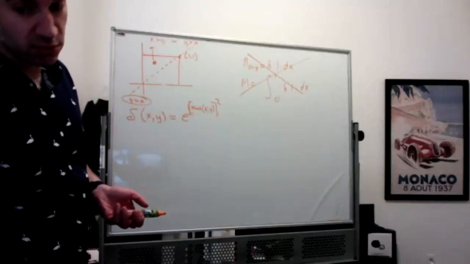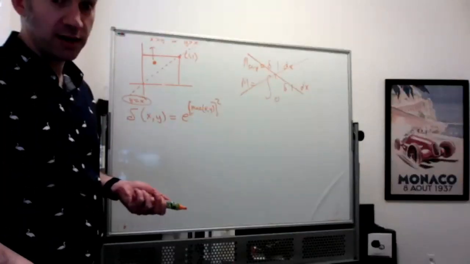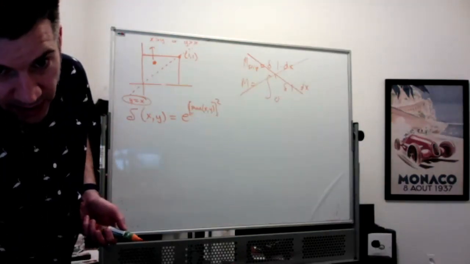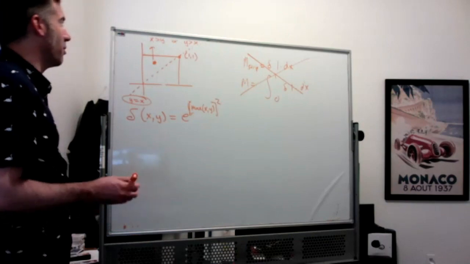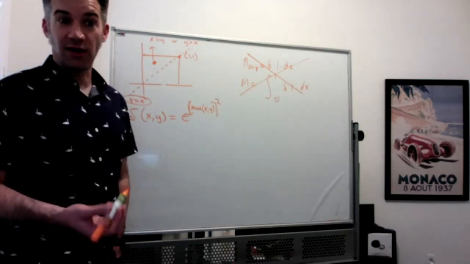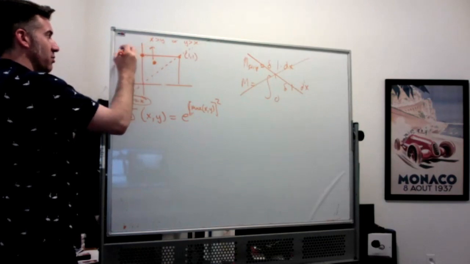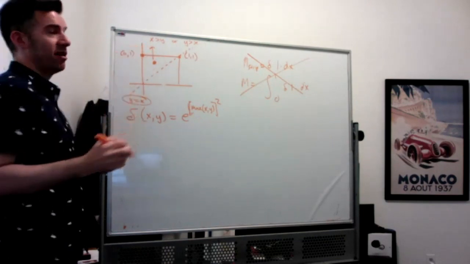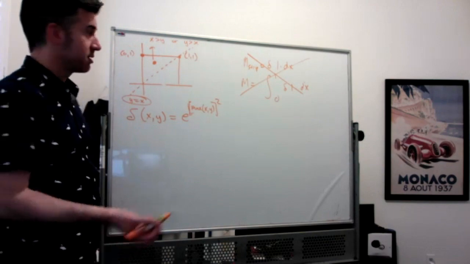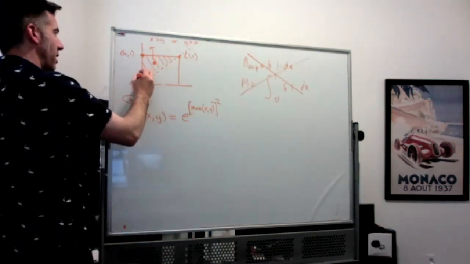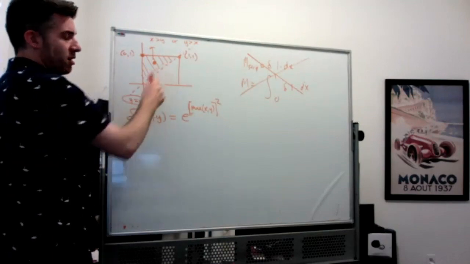One of them is true. Y is definitely bigger than x here. You can make your life easier and pick this point here, which is the point 0, 1, and then it's very obvious that y is bigger than x. So up here, y is bigger than x. And over here, x is bigger than y.